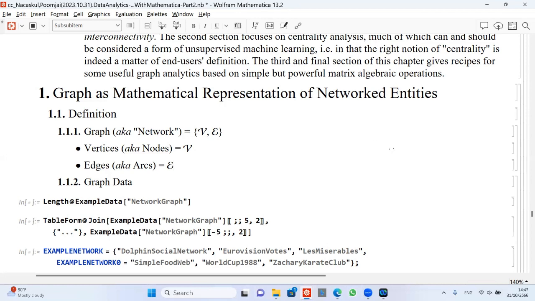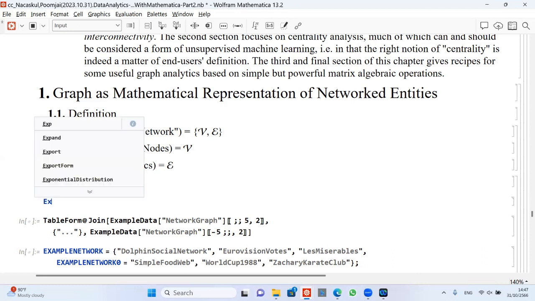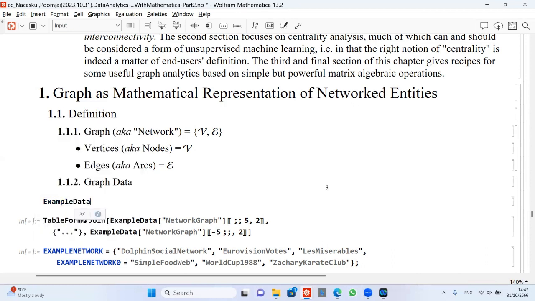So let's do this. Again, you can follow this with your notebook. Shift Enter, right? The reason I put length is because there are many examples. When you go to example data, there are so many things: color, audio. Somewhere down here, there's network data, the network graph.